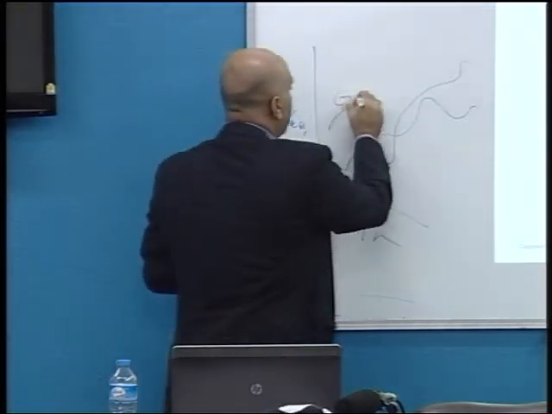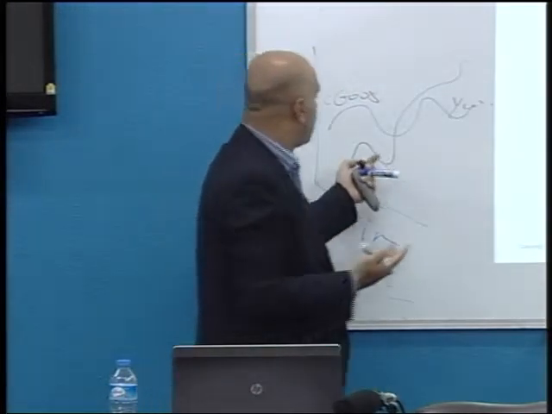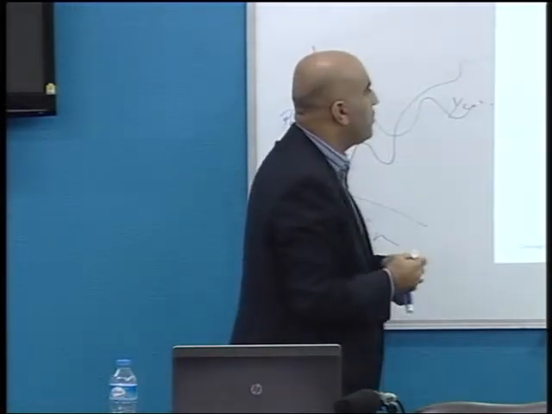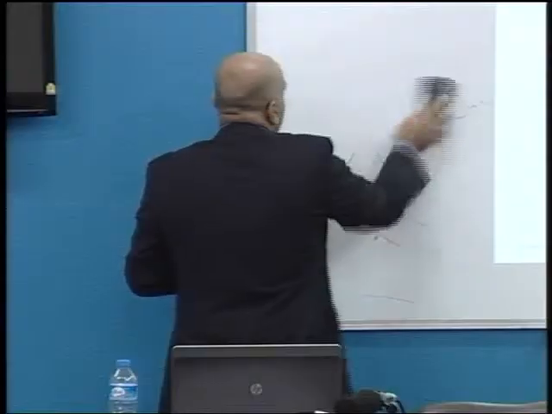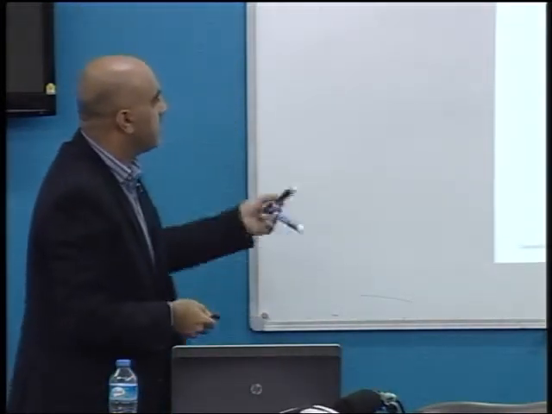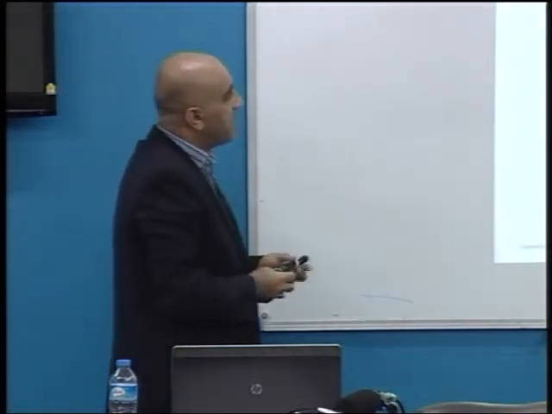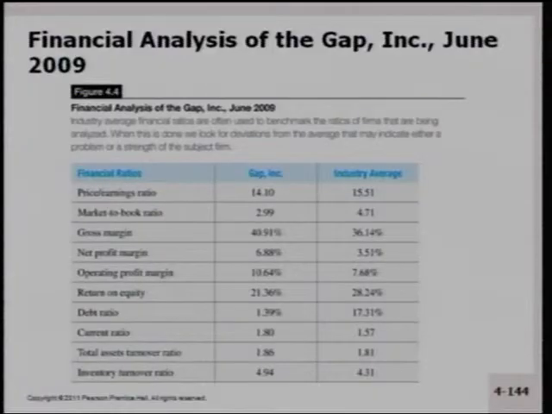So this is Google, and this is Yahoo. So you are comparing yourself with the peer group or with the industry level. So this is an example of the gap with the industry level or with the industry average. And you know, Gap producing close.